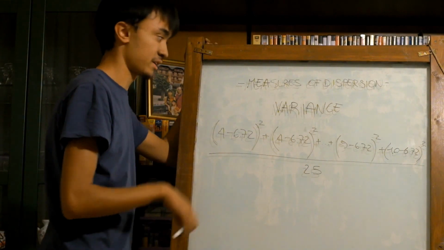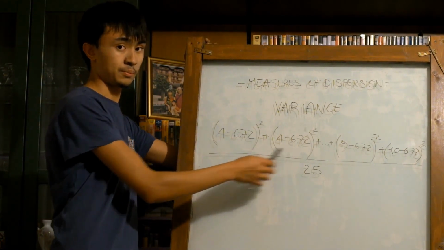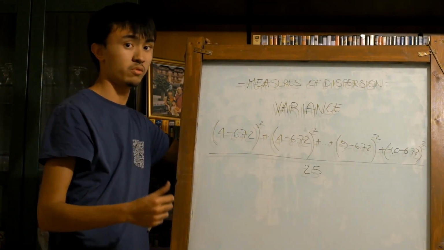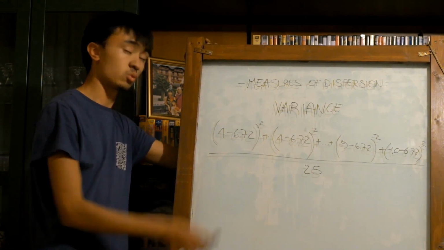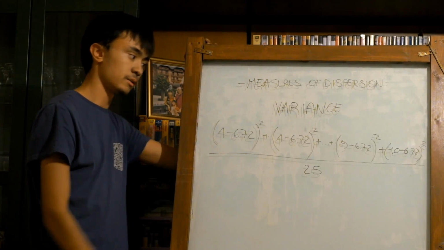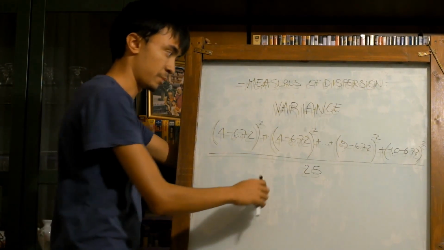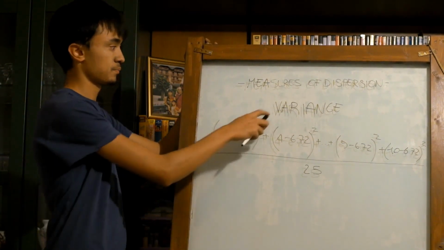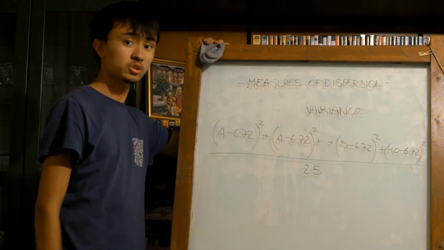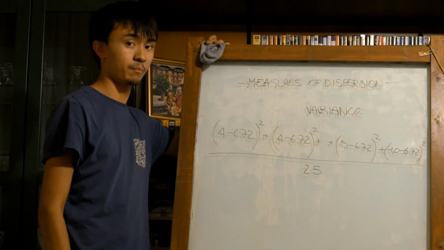Mathematicians found that squaring the differences instead of taking the absolute value would have been more useful. So they squared the differences and then they took the mean of the differences. They invented the variance. But also variance has a problem.